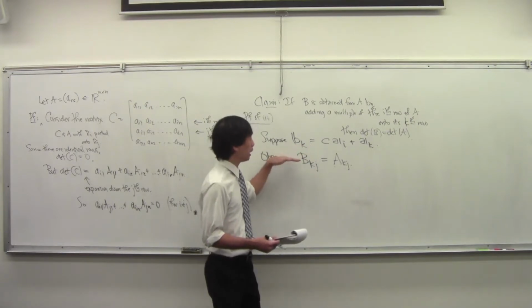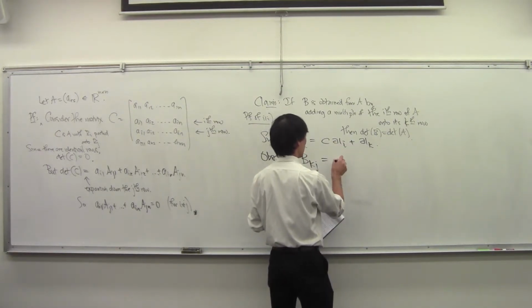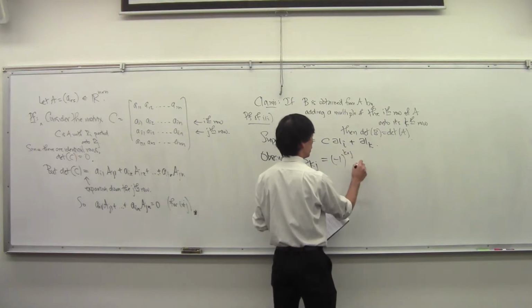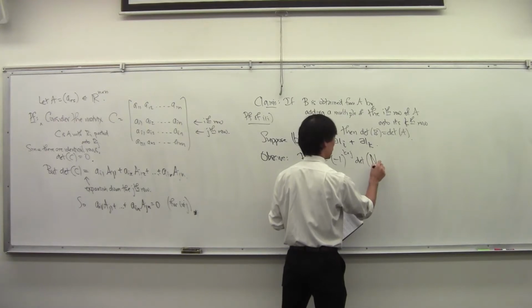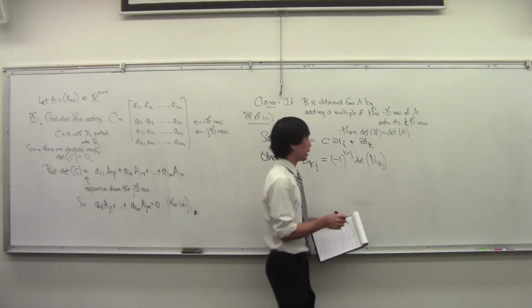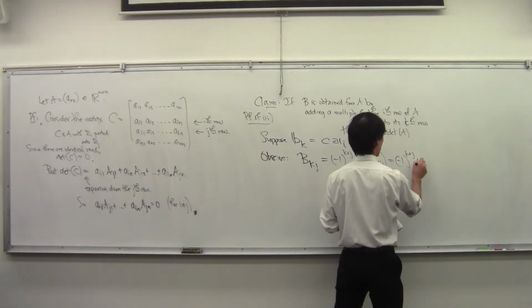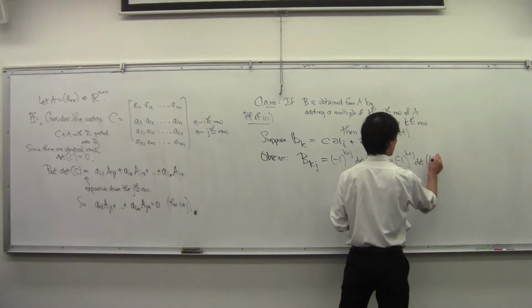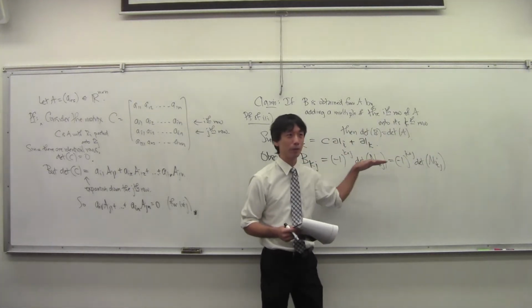When you're calculating the cofactors, you get -1 to the k plus j times the determinant of the minor matrix for B. I'll use an n for the minor matrix of B. But the minor matrix for B is the same as the minor matrix for A along that row, because you cross off the row that was altered.